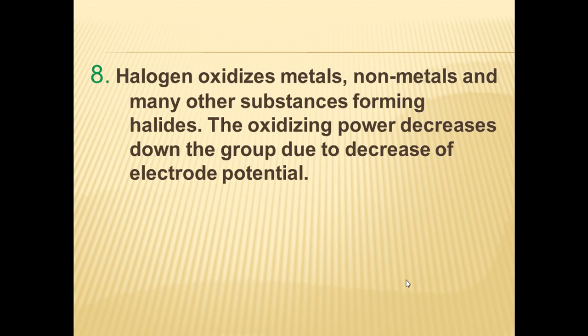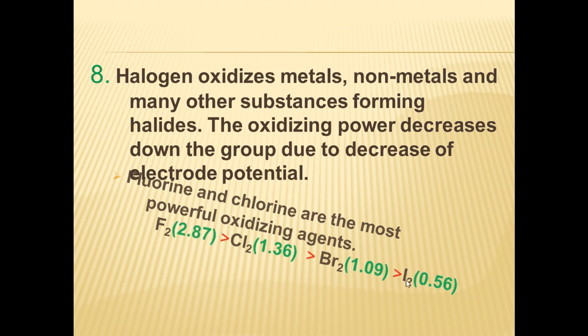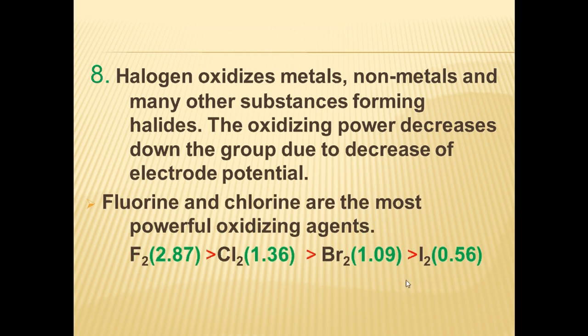The halogen oxidizes metals, non-metals, and many other substances, forming halides. The oxidizing power decreases down the group due to decrease of electrode potential. Fluorine and chlorine are the most powerful oxidizing agents.